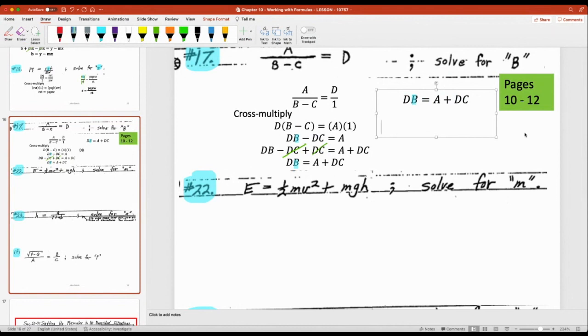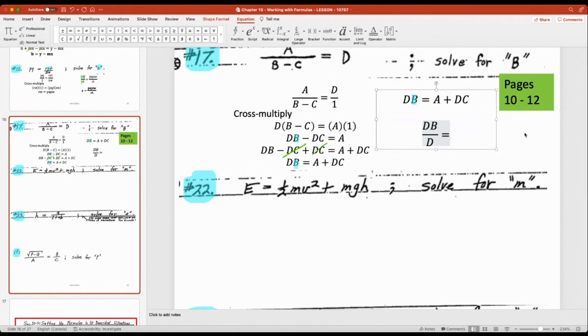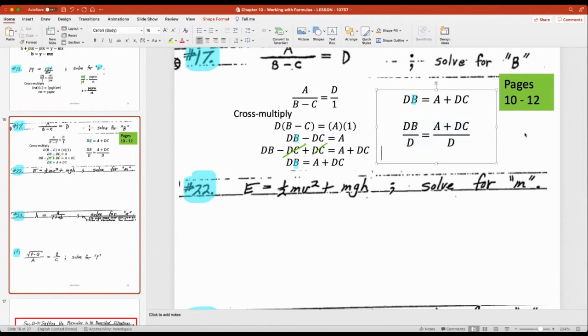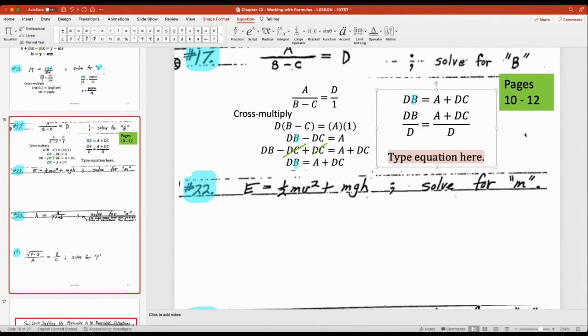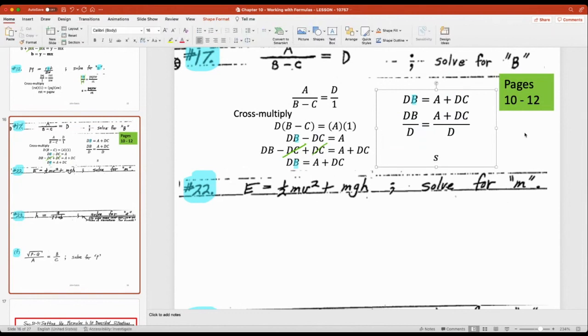We'll divide both sides by D, like that. And that gives us our final answer. Even though the other side looks a little bit intimidating to people, that is exactly the formula that you want to use. So the final answer is this expression right here on the right.